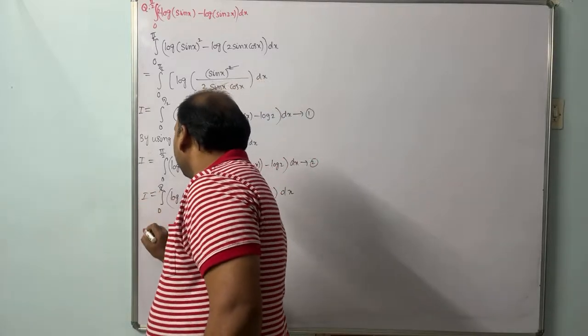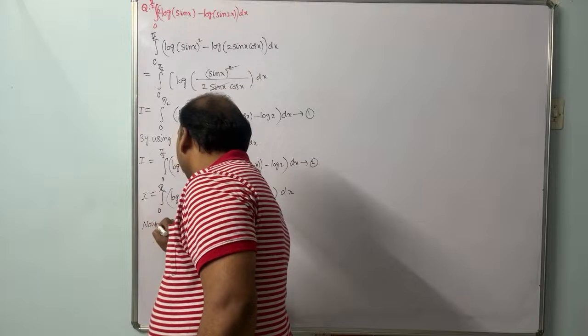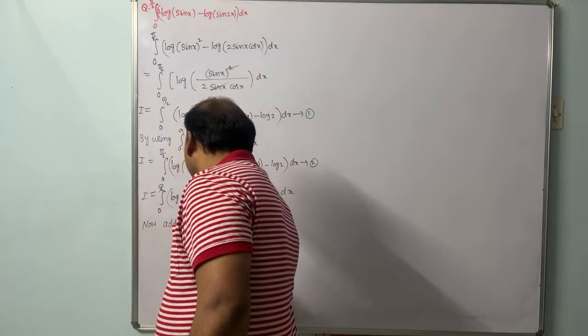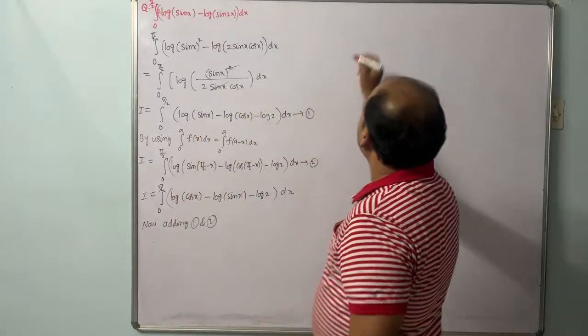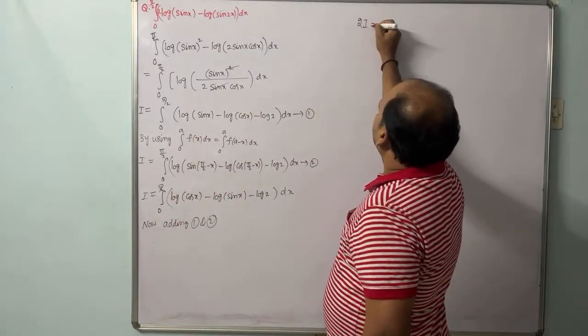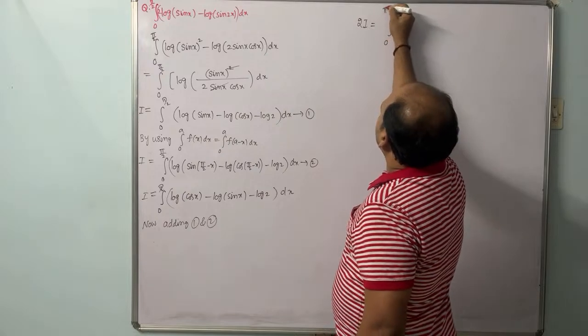Now adding 1 and 2. So I plus I is the integral from 0 to pi by 2.